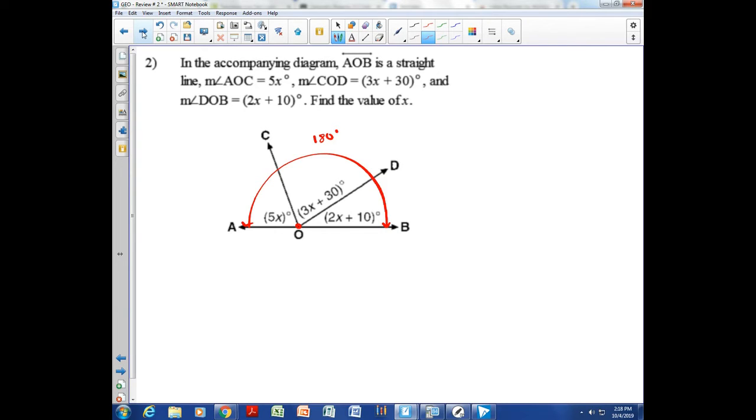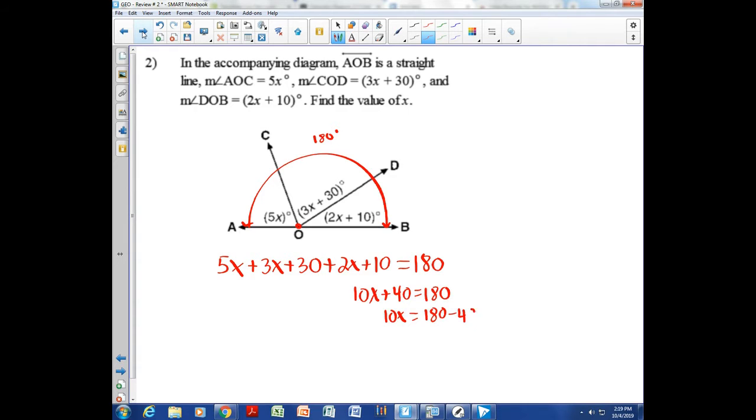So therefore, quite simply, we can just add them all up. 5x plus 3x plus 30 plus 2x plus 10 and set it equal to 180 degrees. 5x plus 3x plus 2x is 10x. 30 plus 10 is 40, is equal to 180 degrees. 10x is equal to 180 minus 40. 10x is equal to 140.